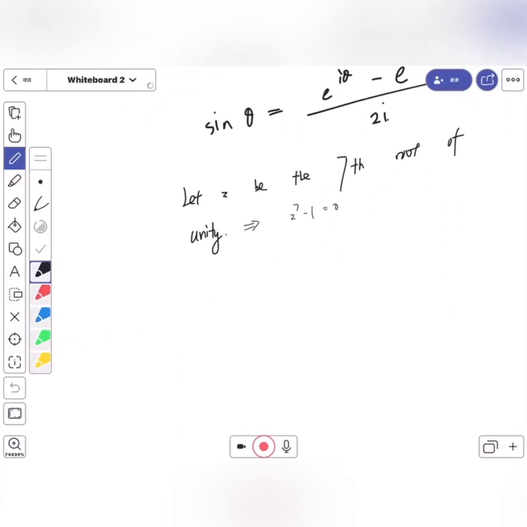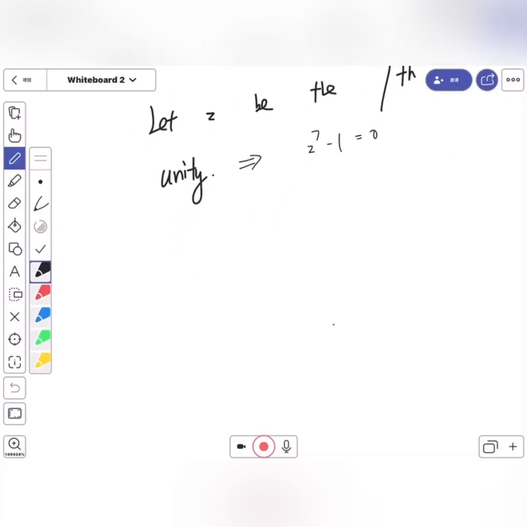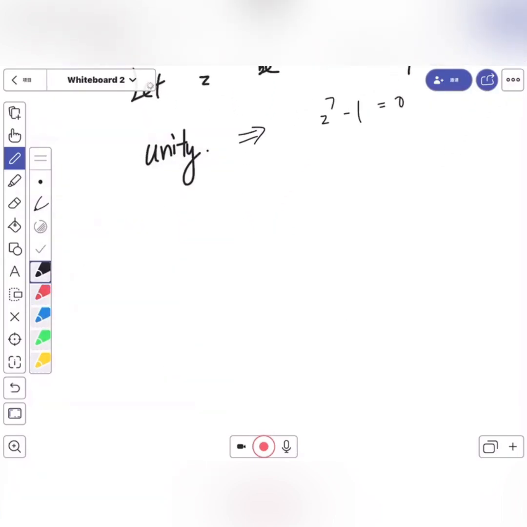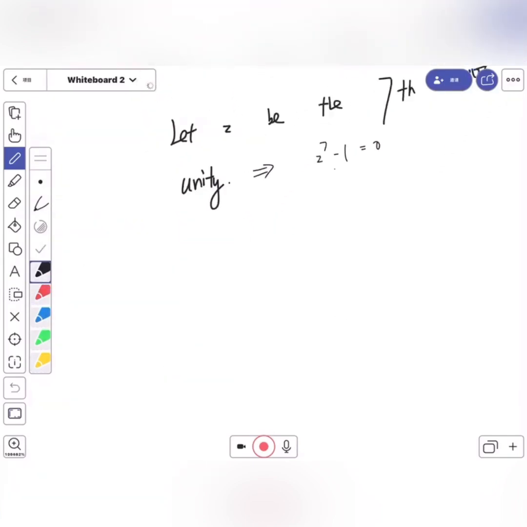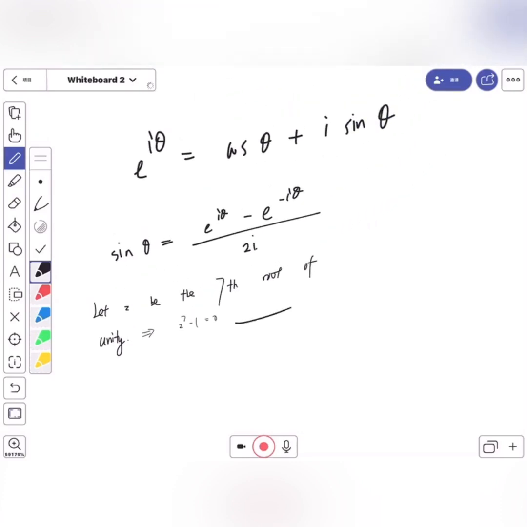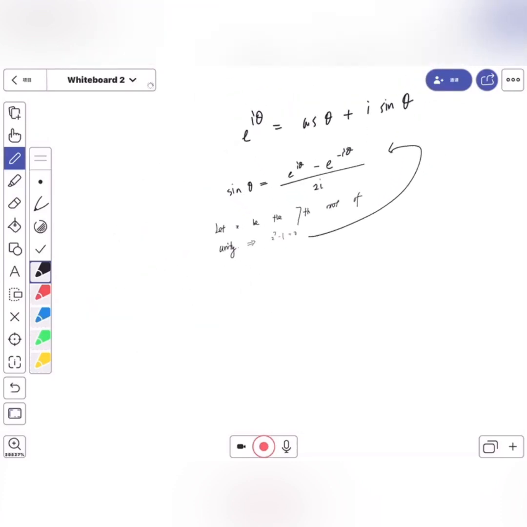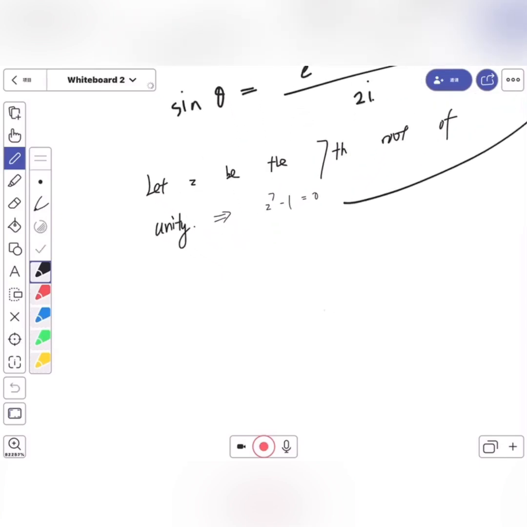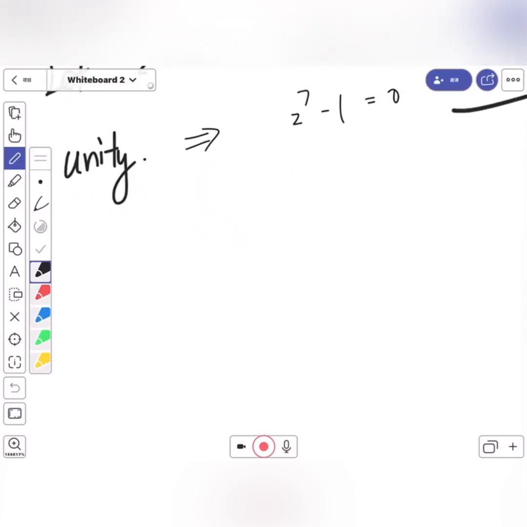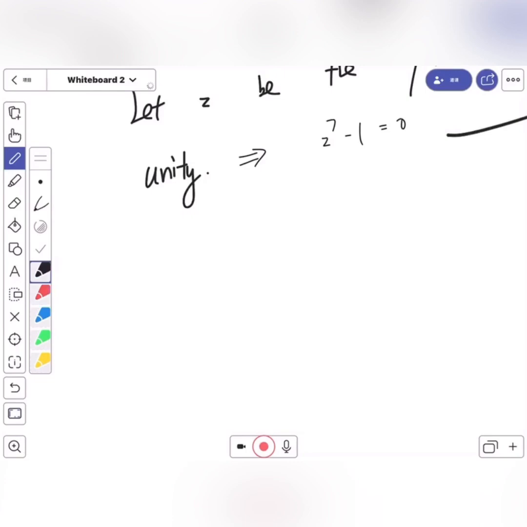Okay, so e to the i theta, we can use this to rewrite this thing. So we want to find the value of sine of pi over 7.